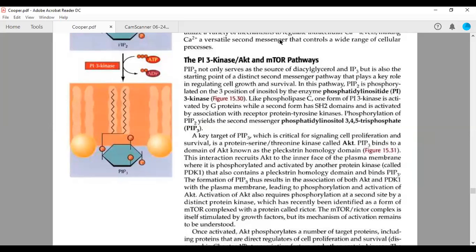You need to remember and underline this: AKT is protein kinase B, PKB, and it is a serine threonine kinase. So it is phosphorylating either serine or threonine. These two things you need to remember from this discussion.